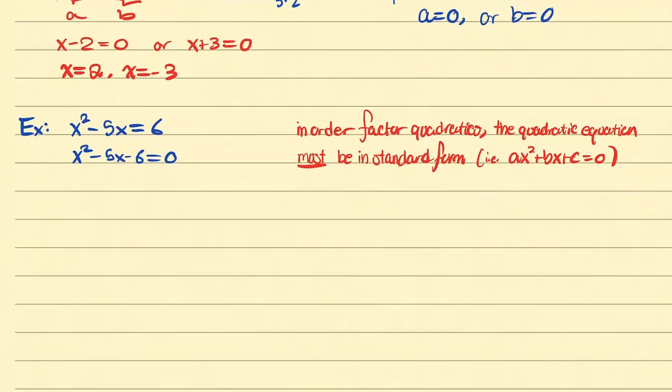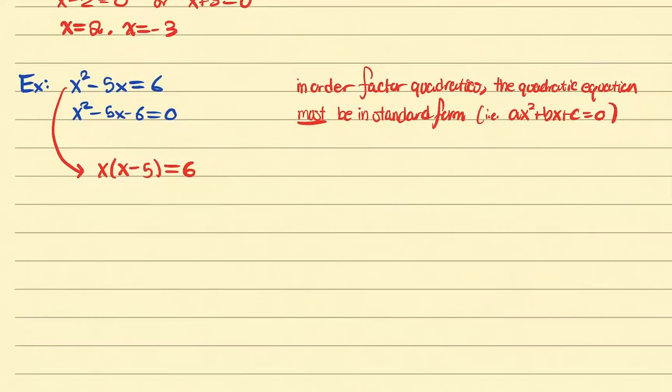But if I were to leave it like this, and we just go about, oh, maybe I can factor this x out, now what you've done is you've set up a harder question for yourself. What you're looking at is, what number x minus 5 times x is equal to 6? And this is a much harder statement, because maybe there are multiple factors of this that work.